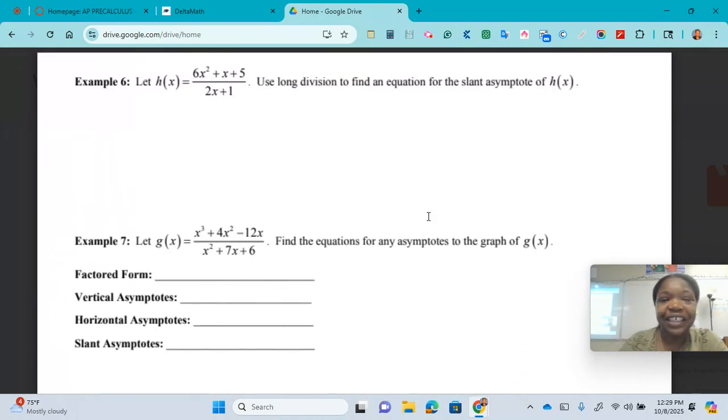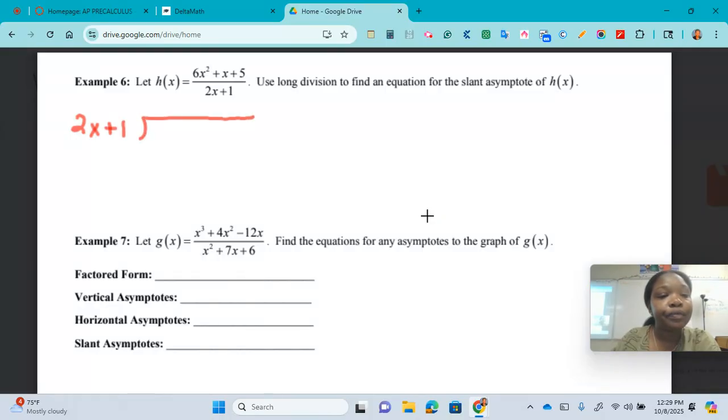All right. Now let's use some long division. We know we're going to do slant asymptote because the degree of the numerator is 1 degree bigger than the denominator. So we're going to do 2x plus 1 divided into 6x squared plus x plus 5.